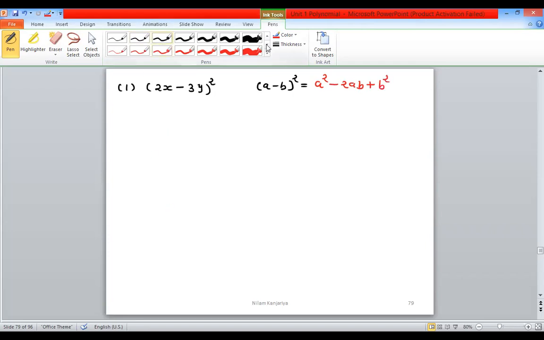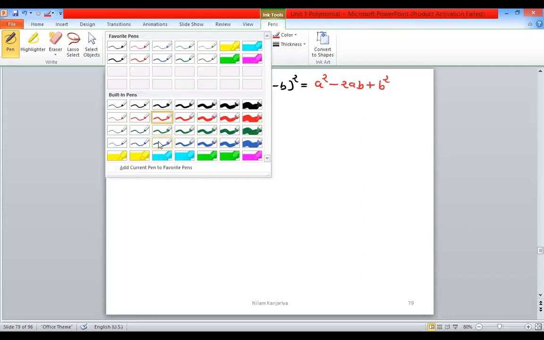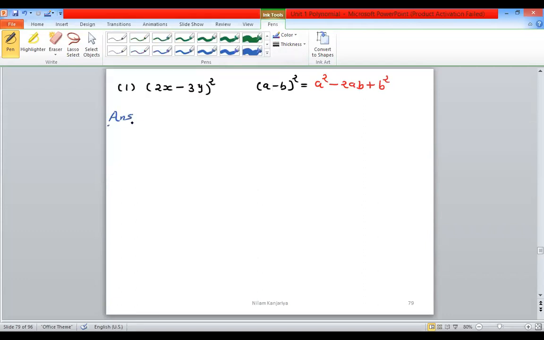Let's put it in here. 2x minus 3y whole square. Using this formula, I apply it. 4x square, yes, first square, minus 12xy.